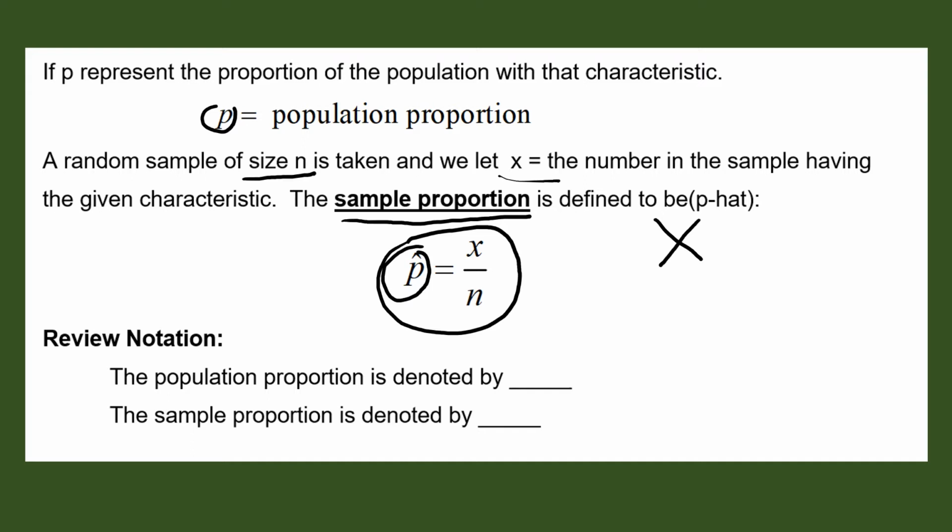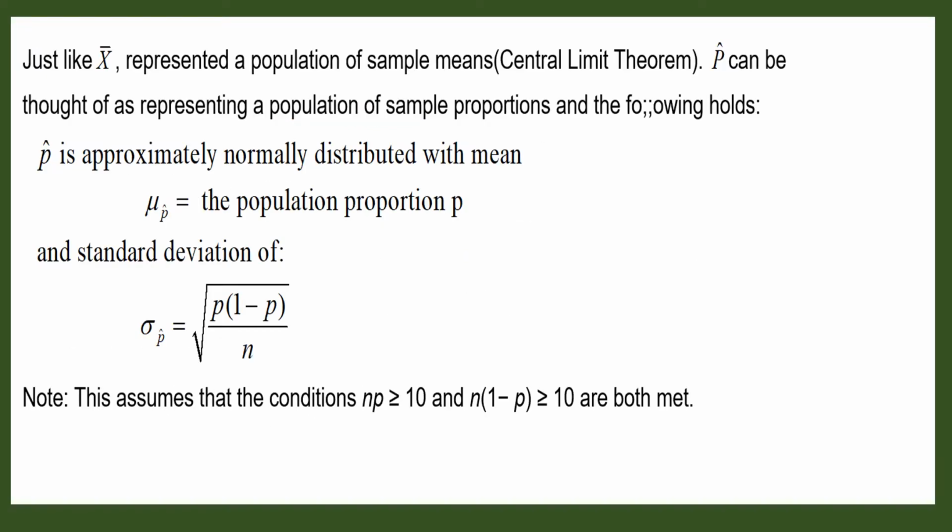So our population proportion is represented by P. The sample proportion is represented by P hat. Just like X bar represents a population of sample means, the central limit theorem, P hat can be thought of as representing a population of sample proportions, and the following holds.